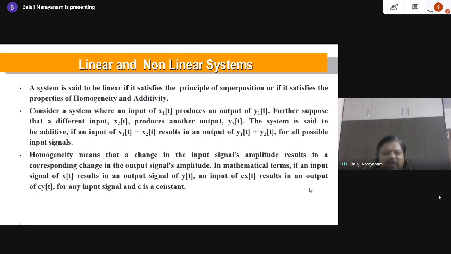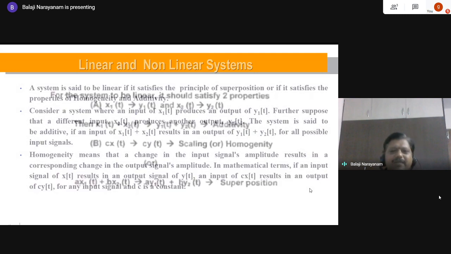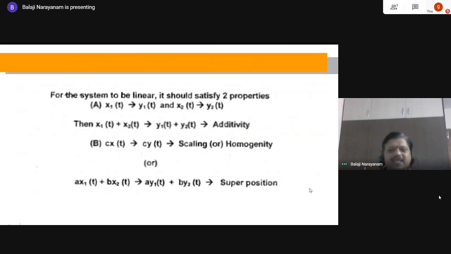Now apply c into x of t as the input signal, that may result in an output signal of c y of t for any input signal, where c is a constant, as we already discussed. So these are the two properties, and we will represent them in a simple equation form.